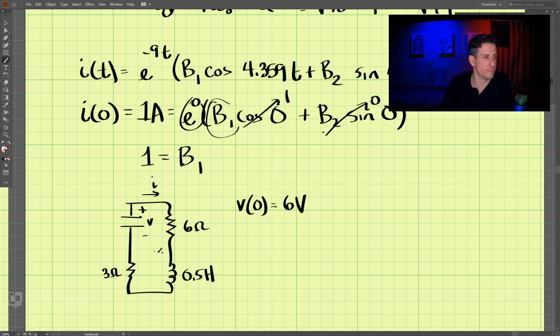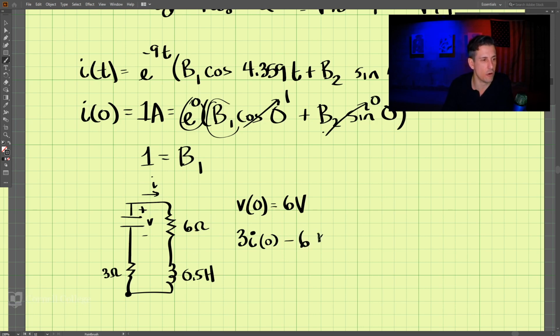So our KVL, if we want to start here and go across this resistor, we have 3 times i(0), and then across this capacitor, we know the voltage here is 6, and we're going negative to positive here. So that's -6.